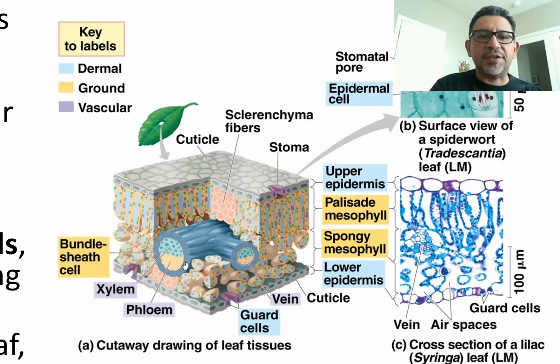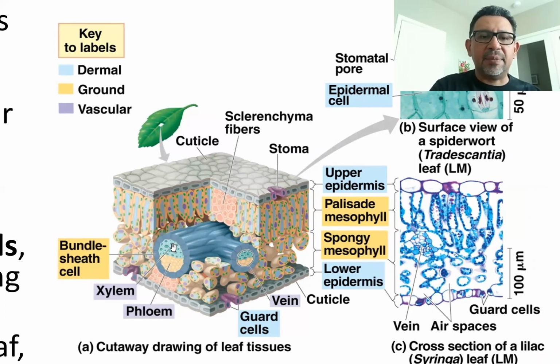You can call this a vascular bundle, but when it comes to the leaf, the specific name for the vascular bundles is going to be veins. And they can be recognized because the xylem and the phloem are going to be surrounded by a cylindrical arrangement of cells known as the bundle sheath cells.